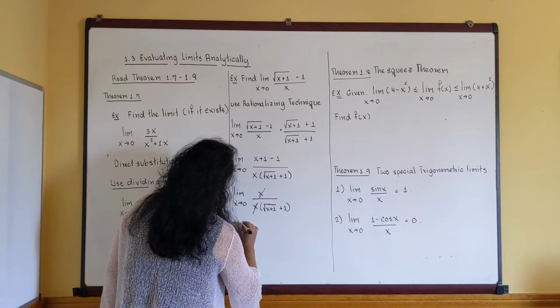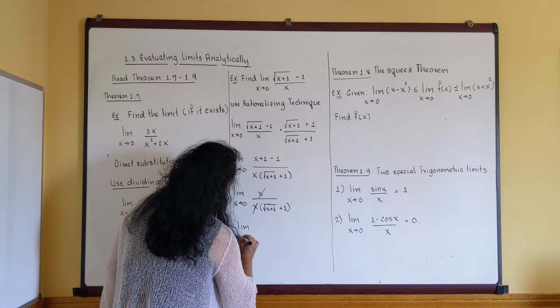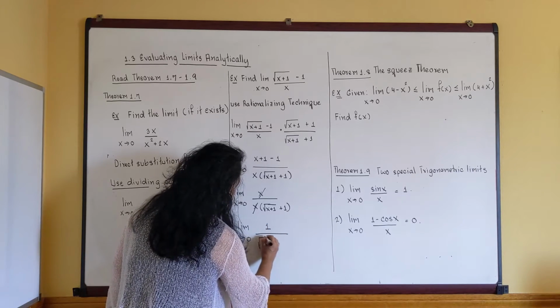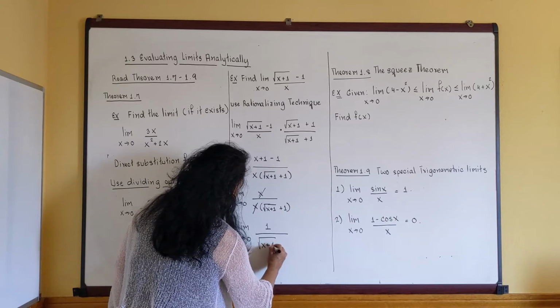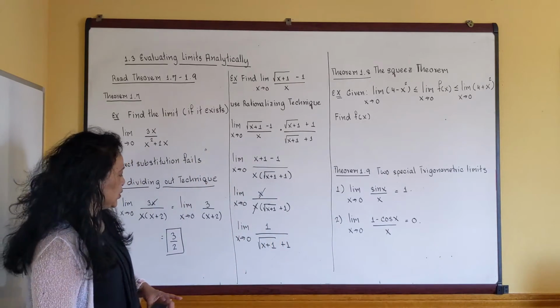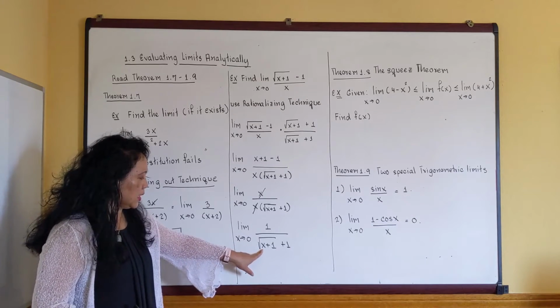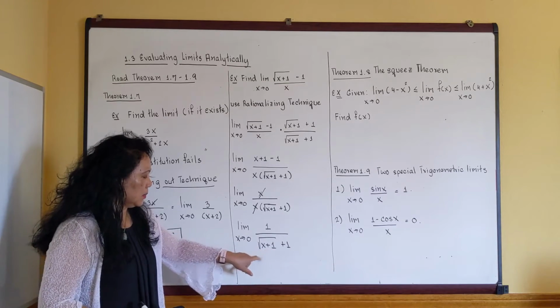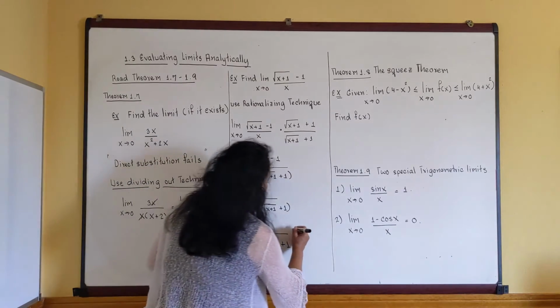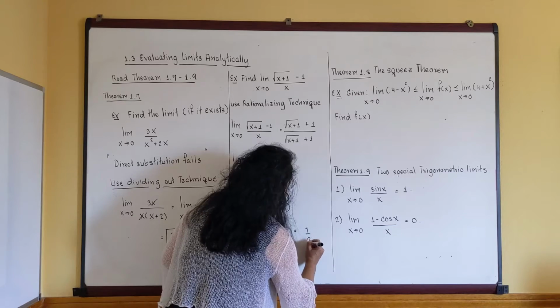So I have limit as x approaching 0, 1 over square root of x plus 1 plus 1. Now I can do direct substitution. If I substitute 0 in here, I get 1. Square root of 1 is just 1, so I have 1 over 2.